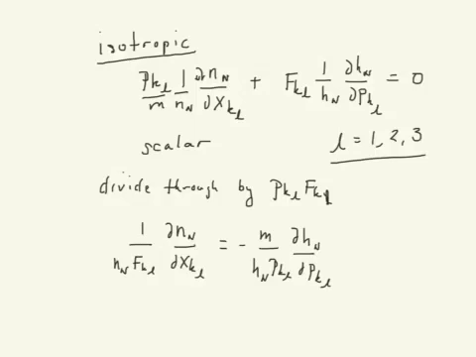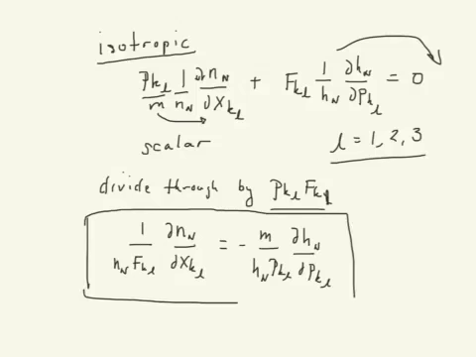So now we've simply divided through both equations by the product p_kL f_kL, and we've moved the momentum term to the right hand side of this equation, and we've also moved the mass over to the right hand side, and we've obtained this equation where now the first term only depends on positions, and the second term only depends on momentum.